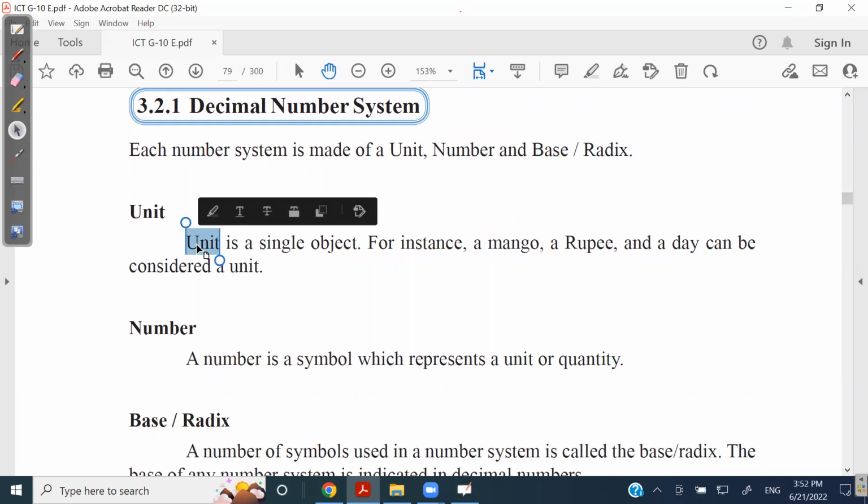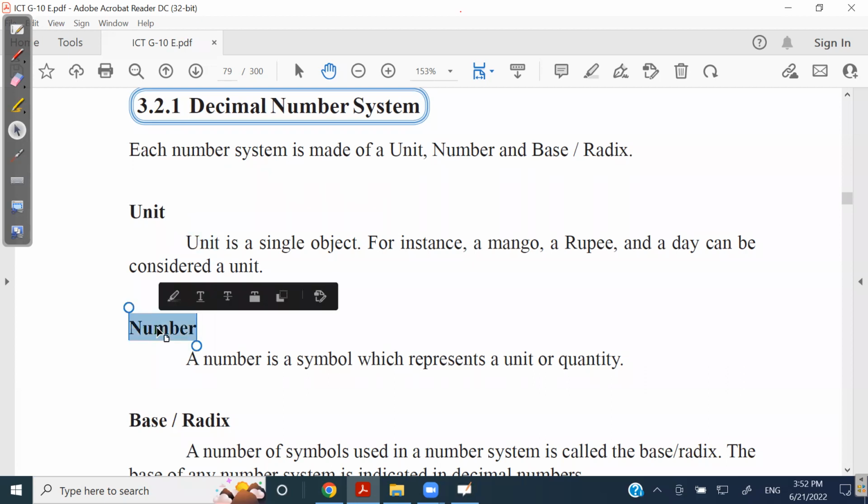For instance, a mango, a rupee, and a day can be considered as a unit. When it comes to the number system, units are going to be the different characters. If you take a binary number system, there are 2 units, 0 and 1. When it comes to the decimal number system, there are 10 units, 0 to 9, 10 different symbols.